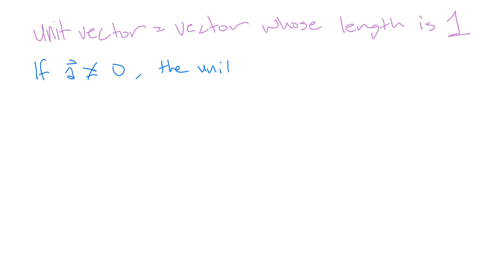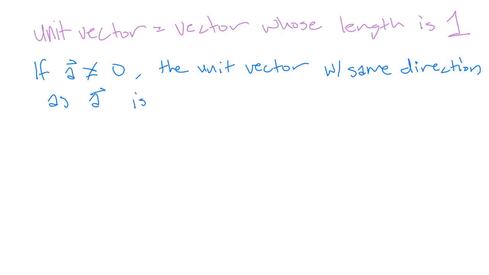The unit vector with the same direction as vector A, which we're going to call vector E, is equal to 1 over the magnitude of A times A, or just vector A divided by the magnitude of A.